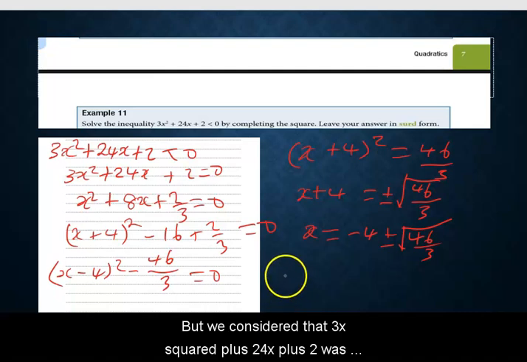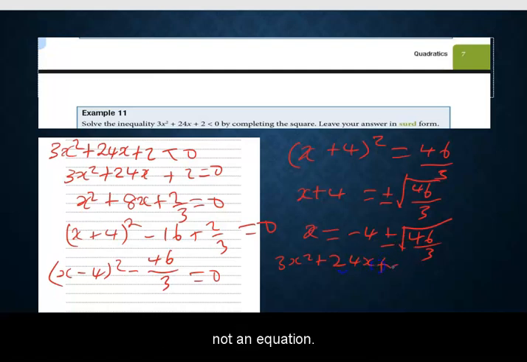But we considered that 3x squared plus 24x plus 2 was not an equation. It is an inequality less than 0.